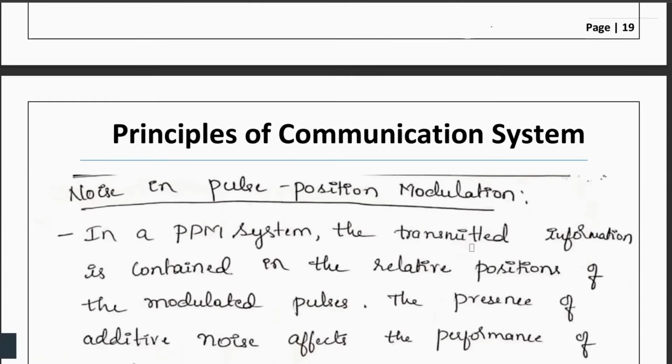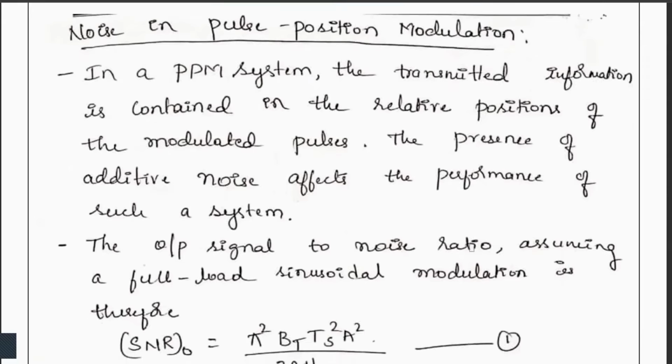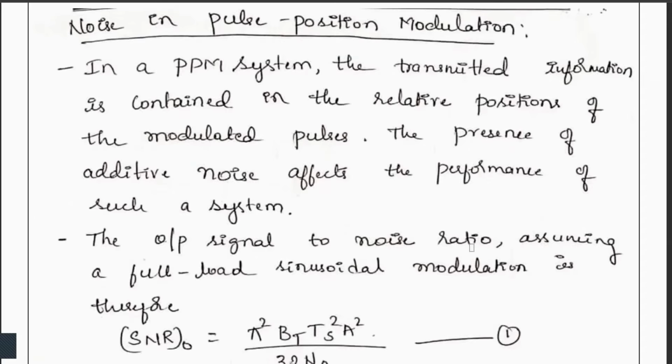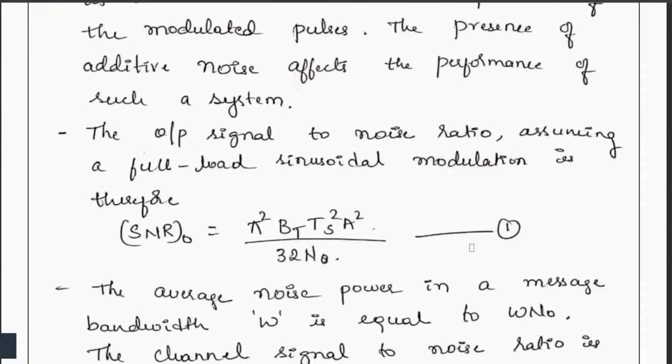So next is the last concept in part 1, noise in pulse position modulation. In a PPM system, the transmitted information is contained in the relative positions of the modulating signal. The presence of additive noise affects the performance of such a system. The output signal to noise ratio, assuming a fully loaded sinusoidal, is given by what?